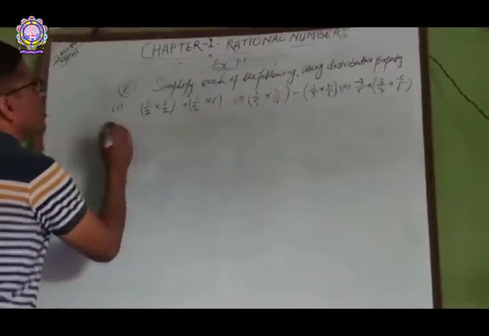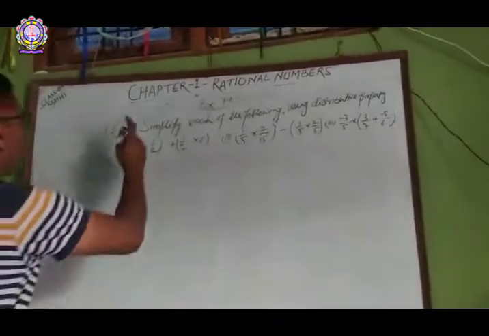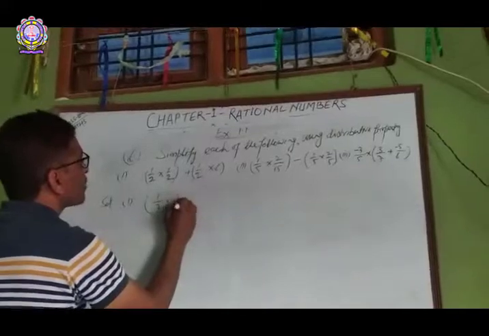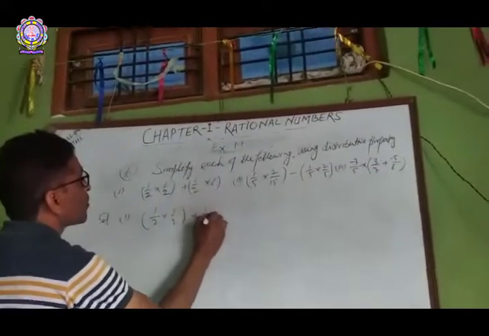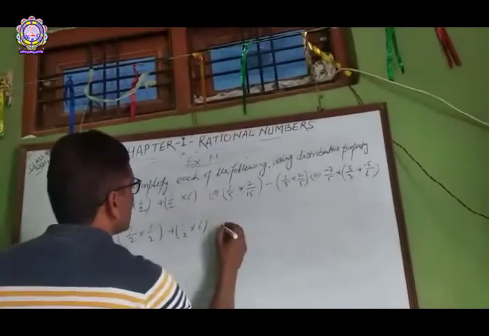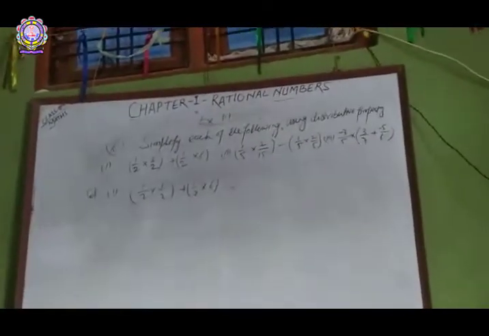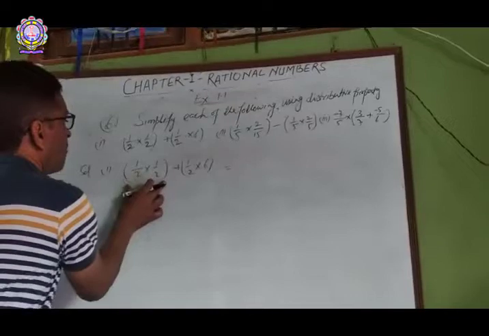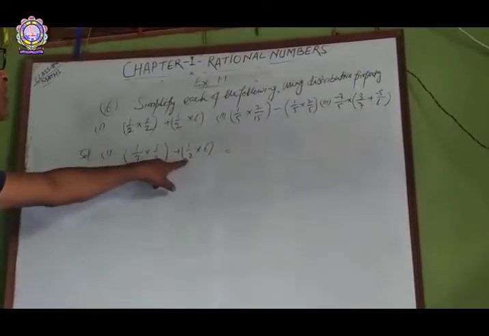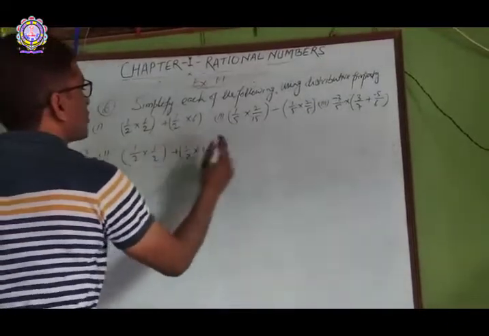Solution. Part first is bracket 1 upon 2 into 1 upon 2 bracket close plus 1 upon 2 into 6 bracket close. Here we can say that in both parts, 1 upon 2 is common.